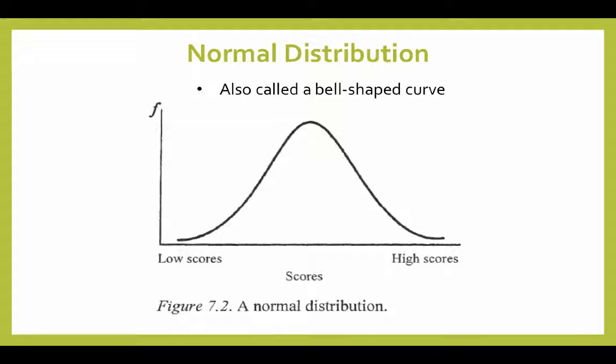Think of height. We don't have a ton of women who are under 5 foot. Just in America, you don't have a ton of women that are 4'10", 4'11". You also don't have a ton of women who are 6'3", 6'4". You have some here, but a majority are going to be more of this average height, probably around 5'4", 5'5".